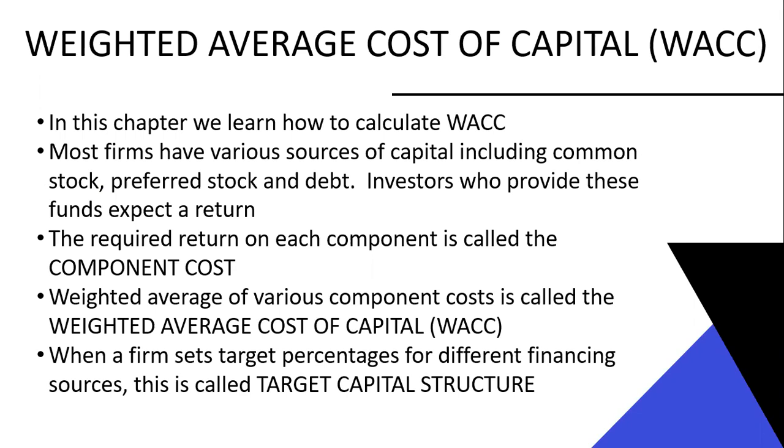Now, most firms have various sources of capital, and capital, as we know, is money that they can use for a number of different projects and just to run their company. Some of the key sources of capital that companies have are common stock, which can be issued, preferred stock, and debt.